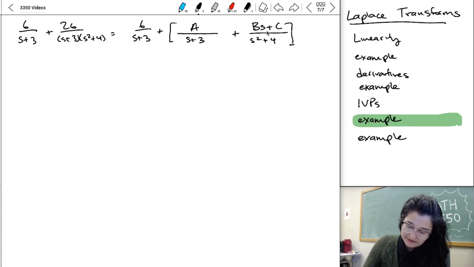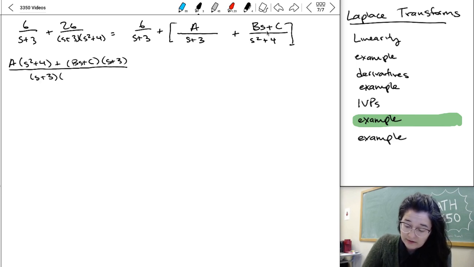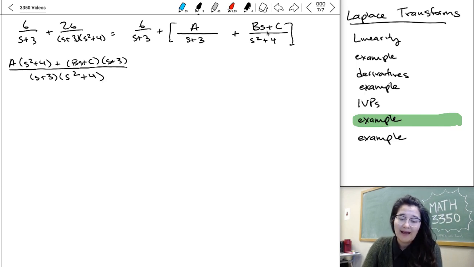But basically what we've said here is that A times s squared plus 4 plus Bs plus C times s plus 3, if I combine those fractions, they would be over s plus 3 times s squared plus 4. And that's the same as whatever I started with.